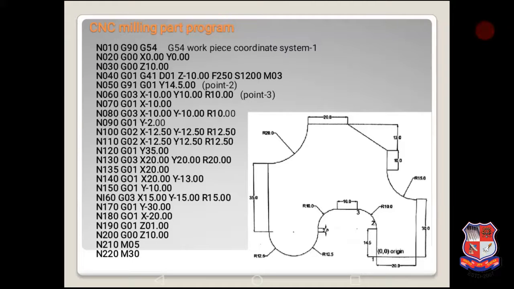Block number N030, with the rapid traverse of the tool in Z direction 10 mm away from the top surface. Block number N040, we change the motion of the tool by using G01, that is for linear interpolation, because we are very close to the workpiece surface and want to machine.